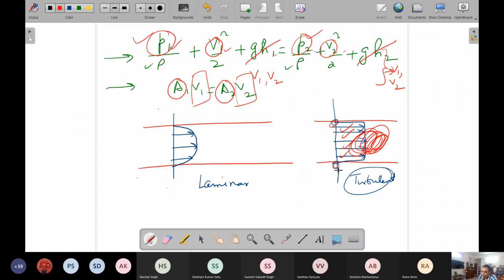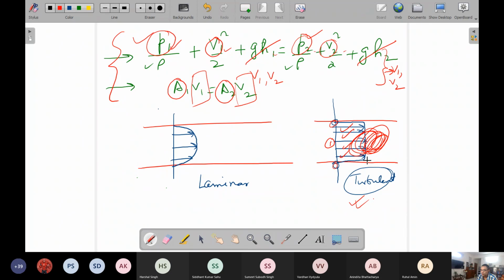On the other hand, that kind of strong intermixing between various layers, because of much less dominance of inertial effects, is not there in laminar flow, and so the velocity is like this. Now one of the great advantages of putting this kind of flow in this problem-solving framework is that because the velocity profile is more or less uniform over the entire section, the velocity at point 1 and the average velocity over section 1 are more or less the same.